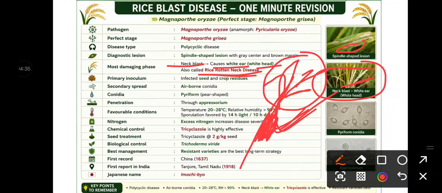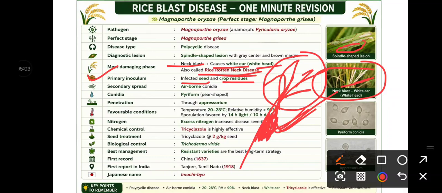Next important point is the inoculum. The primary source of inoculum comes from infected seed and crop debris. Apart from this, the collateral grass hosts like Echinochloa, Leersia hexandra, and other species, other rice weeds, also serve as a primary source of inoculum.